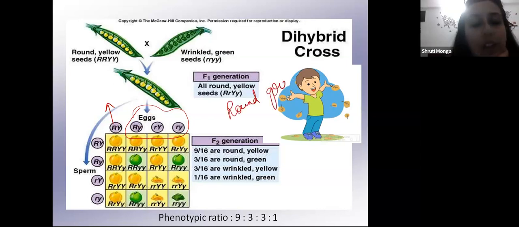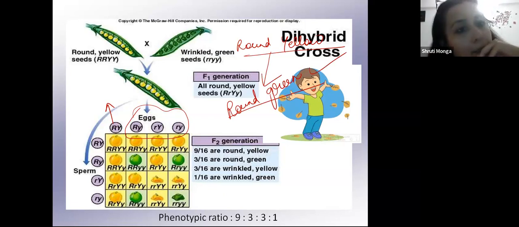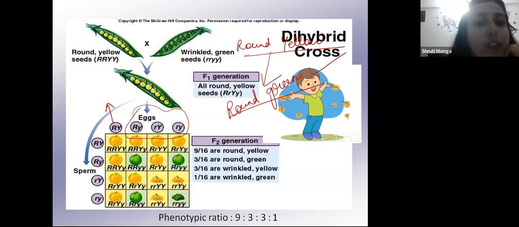You got to see round green seeds also in the F2 generation. In F1, round was always with yellow. Assume that round used to always stay with yellow. But in F2, we saw a new combination. That this round got with green also. Similarly, in the F1 generation, wrinkled was always with green.